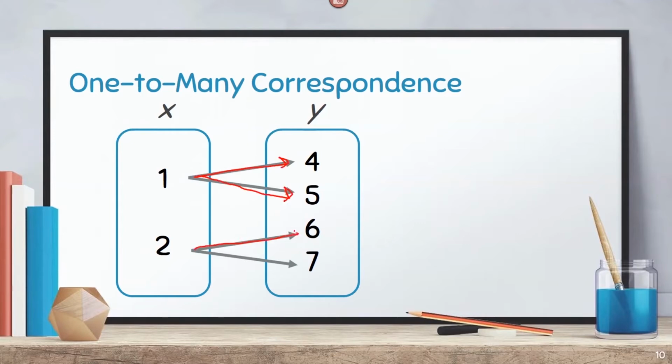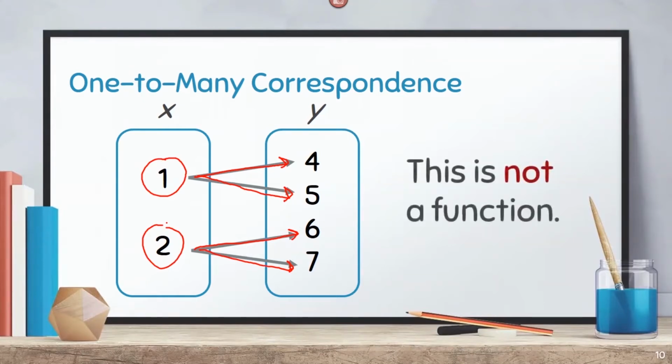And 2 is also being paired with 6 and 7. Therefore, since x is being paired to more than one value of y, this correspondence is not a function.